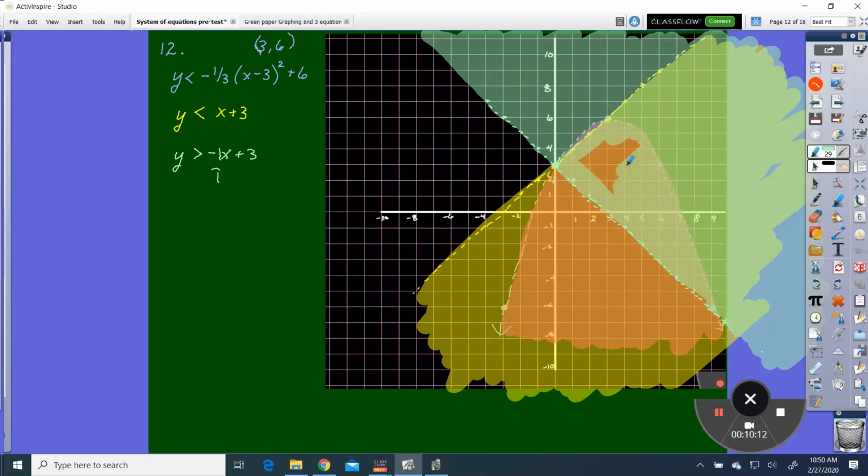So the only place where they all intersect is this piece.